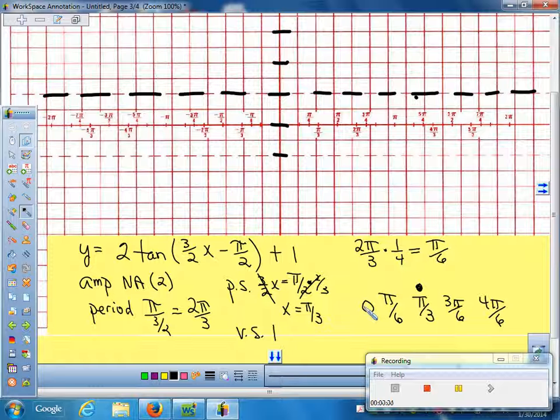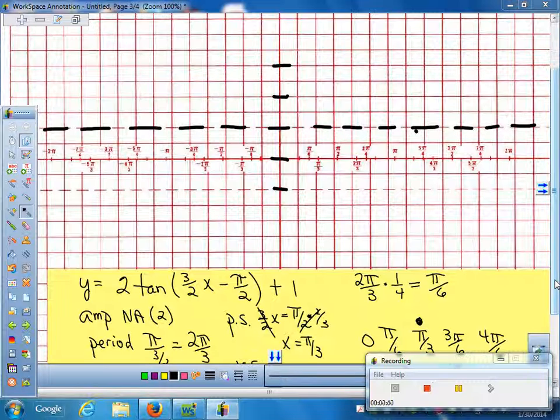So this is actually fairly easy points to find. We have 0 then. 1/6 is a tick mark not labeled. 2/6 is really a third. 3/6 is a half. 4/6 is 2/3. Okay, so this is pretty skinny graph.